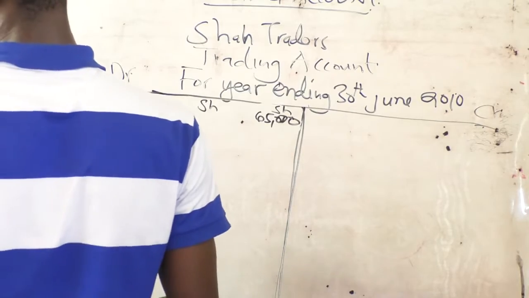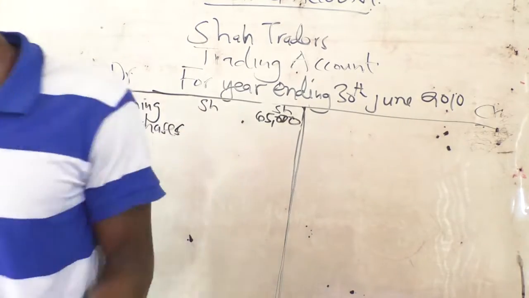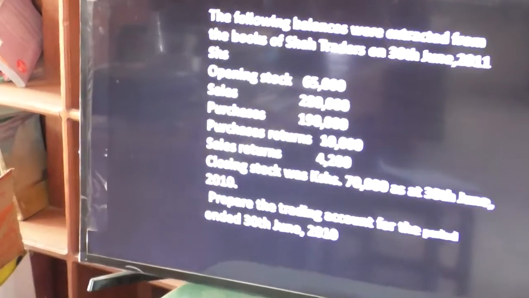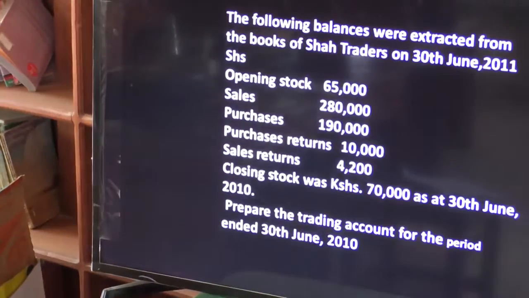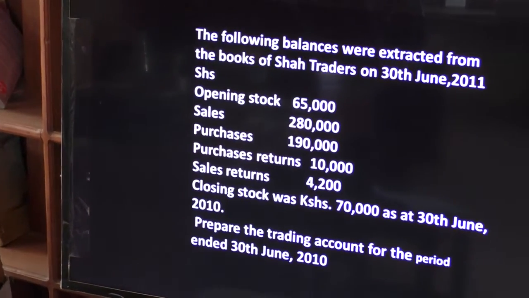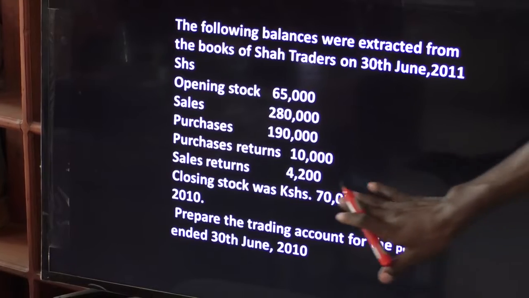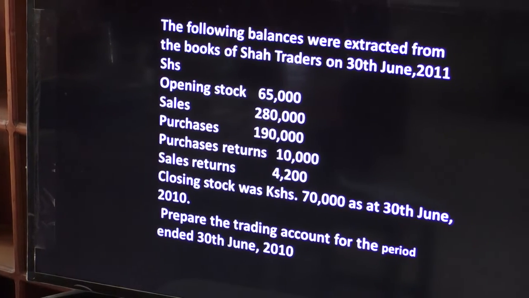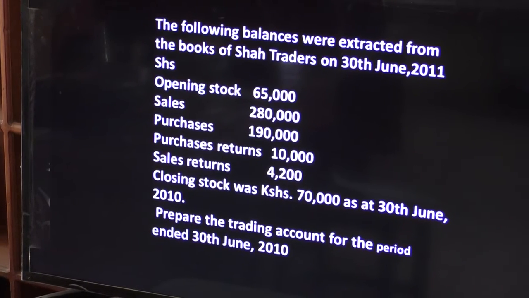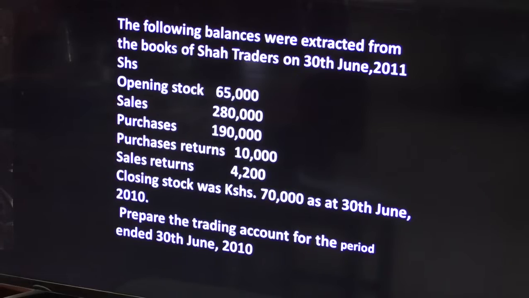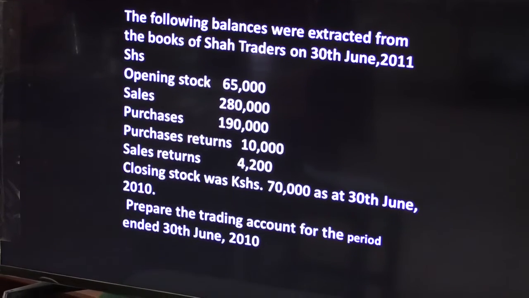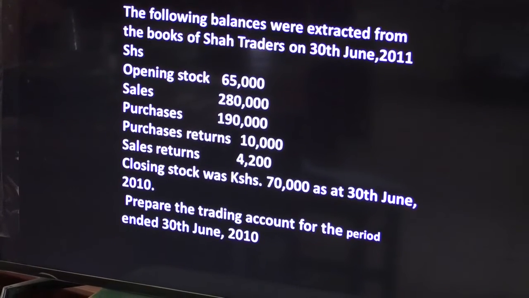So the purchases, you can see, were 280,000. Then we have purchases returned, which we are going to less. Purchases returned, we subtract from the total purchases to have net purchases.